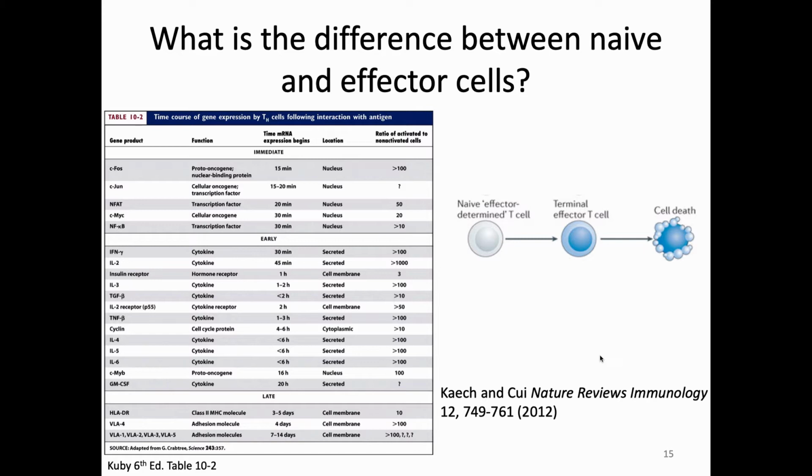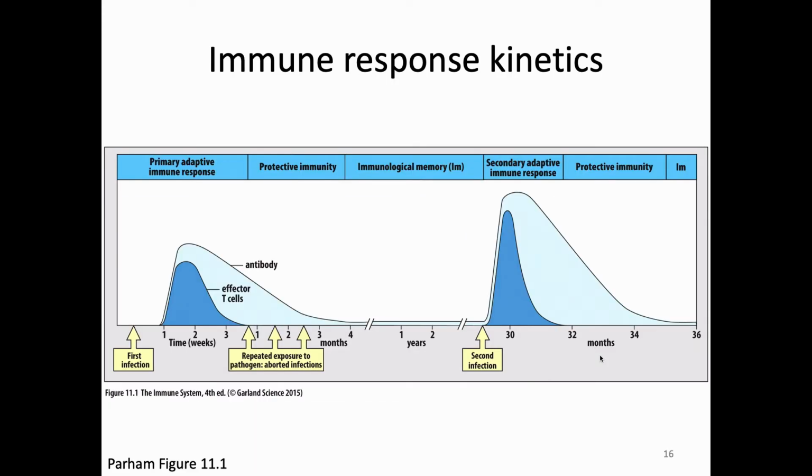And so our effector cells are going to work really, really nicely. But as I said, our effector cells are quite short-lived. And so the other cells are going to be the cells that are important for protection a long time later.